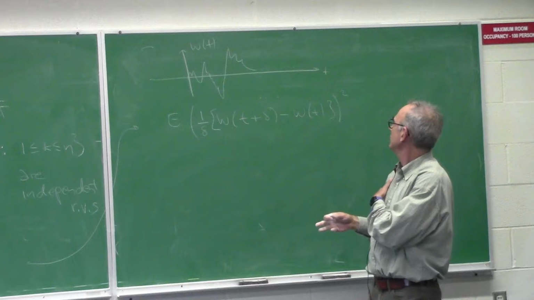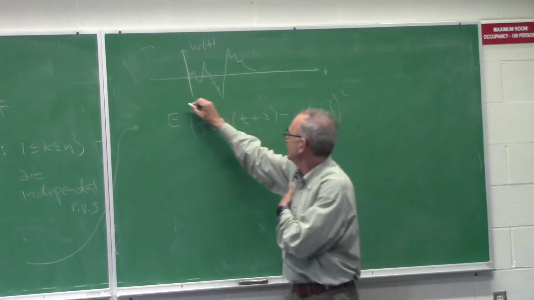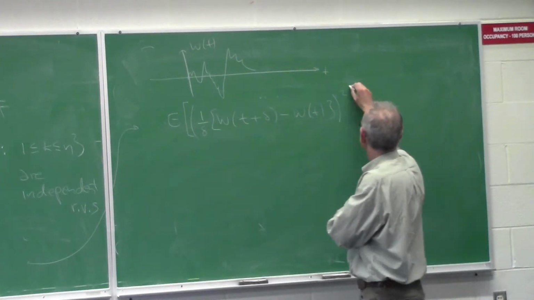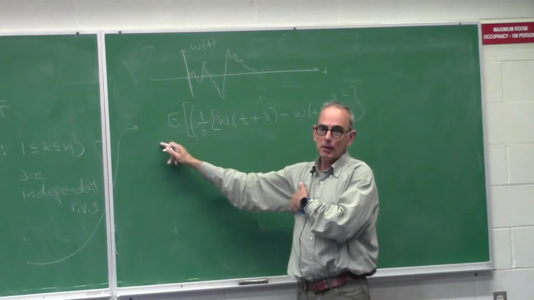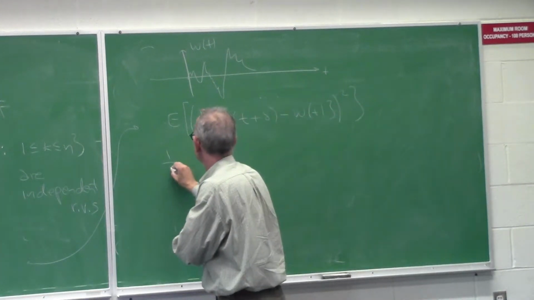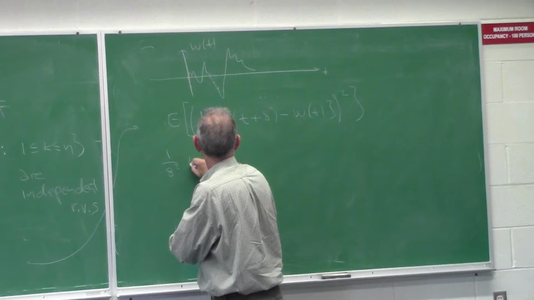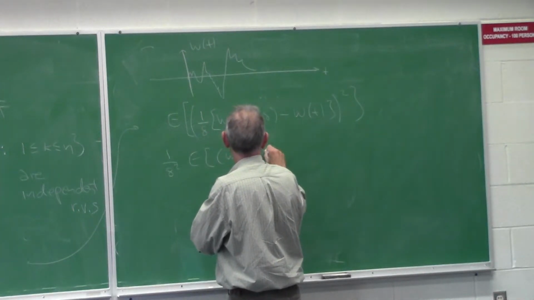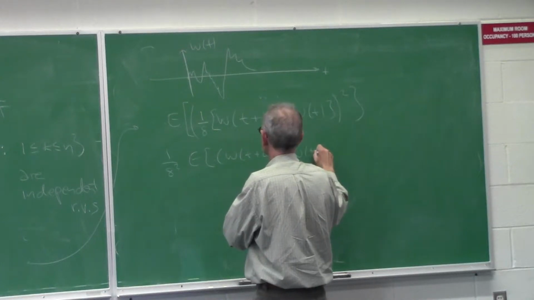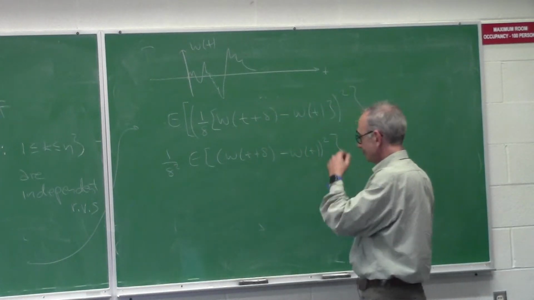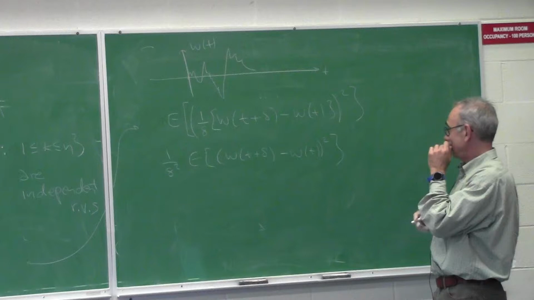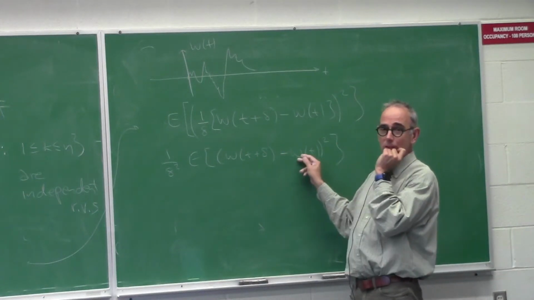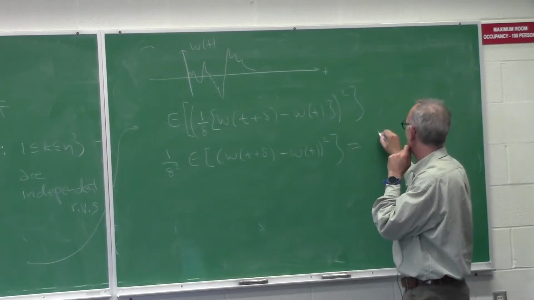So if I look at the variance, the delta squared comes outside. And what's that? An increment of length delta, so that's equal to 1 over delta.